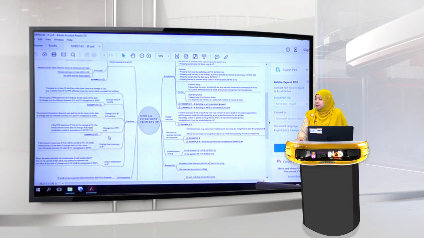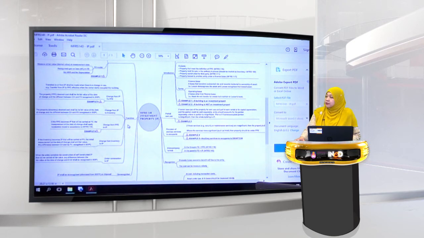And then we proceeded to cover transfers, either from investment property to PPE, which falls under MFRS 116, or from IP to inventory, that is from MFRS 140 to 102. And we have also covered change from PPE to IP and change from inventory to IP. And finally, we covered the change from construction, that is under MFRS 111, to IP.